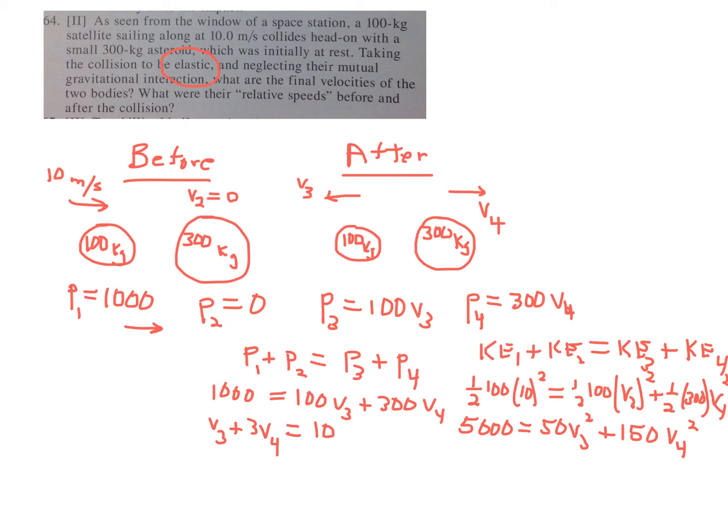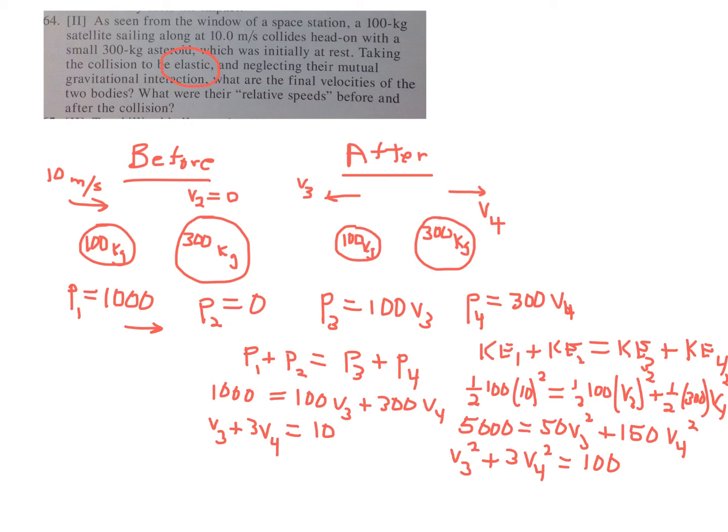Alright, can I divide everything by 50 and flop it around here? If I do that, I end up with v sub 3 squared plus 3 v sub 4 squared equals 100?